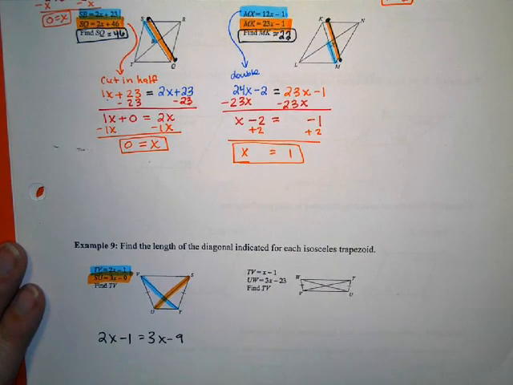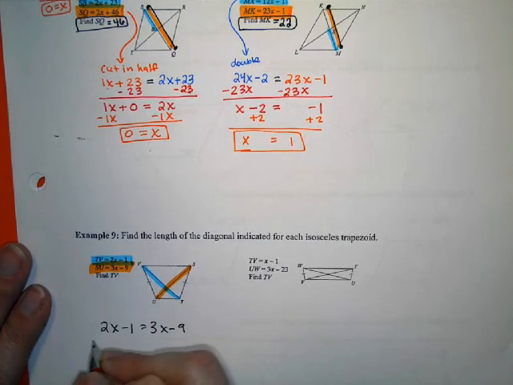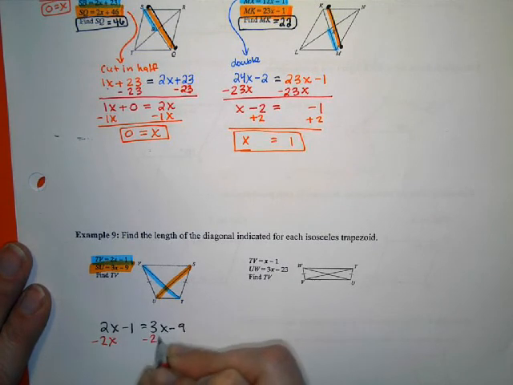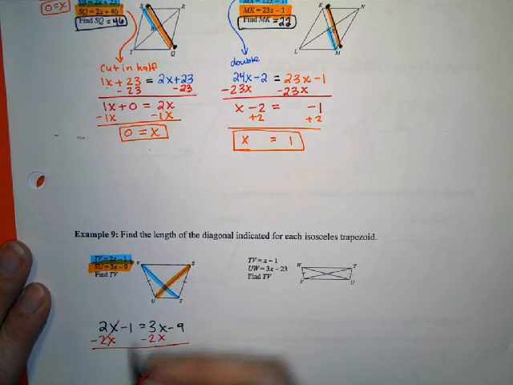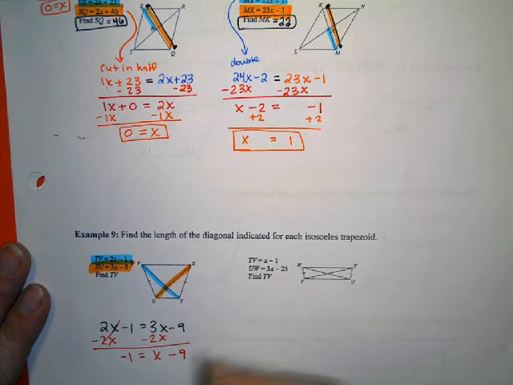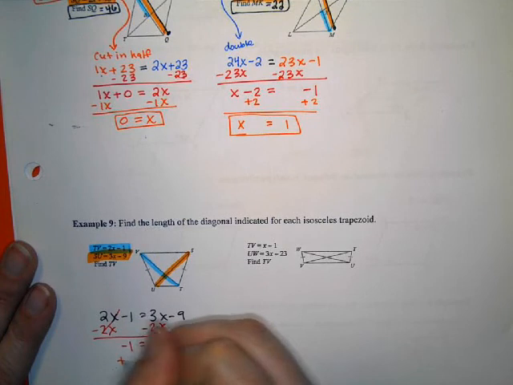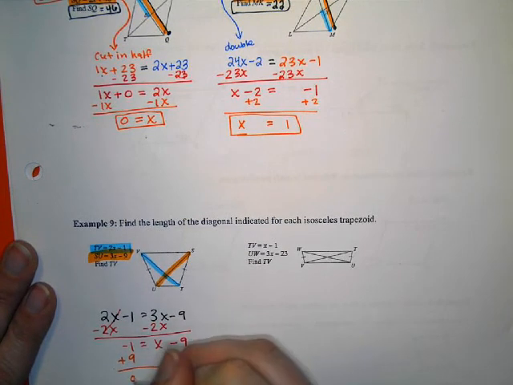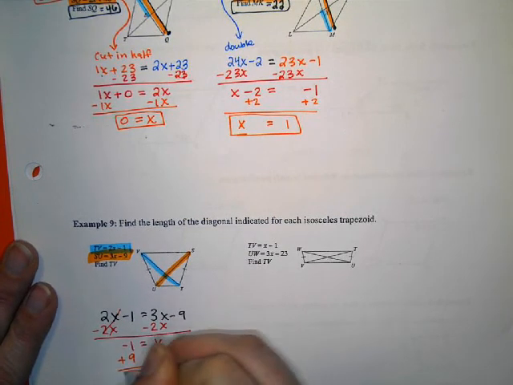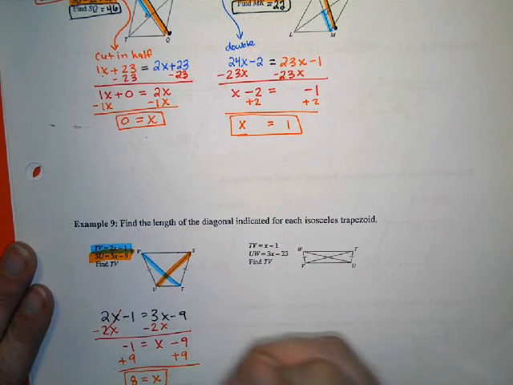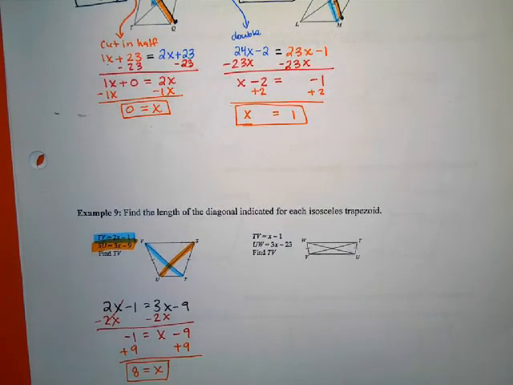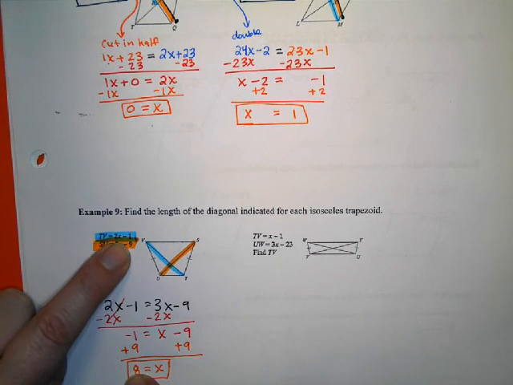T to U. T to V. S to U. They are the same size, so we set them equal. I'm going to minus the 2x, because then 3 minus 2 becomes a 1.